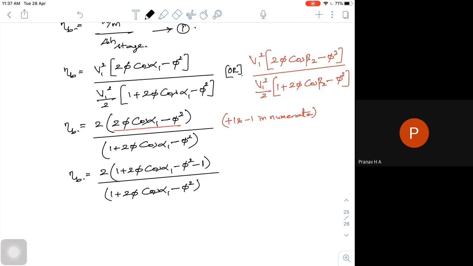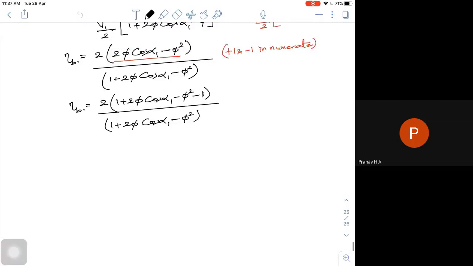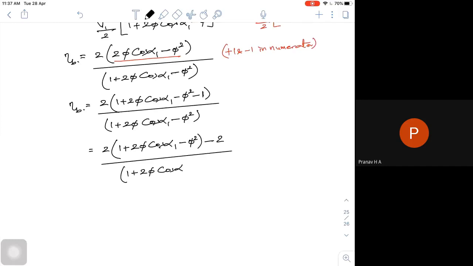Now if I take the minus 1 and multiply by 2, this will be 2 into 1 plus 2 phi cos alpha 1 minus phi square, and 2 into minus 1 I take out, so this will be minus 2. Only for the first part do I have the bracket, 1 plus 2 phi cos alpha 1 minus phi square.